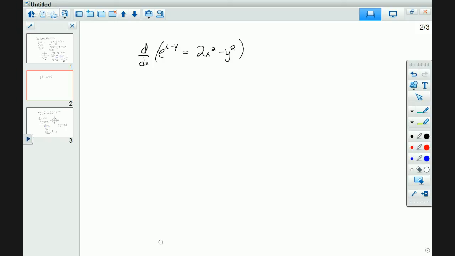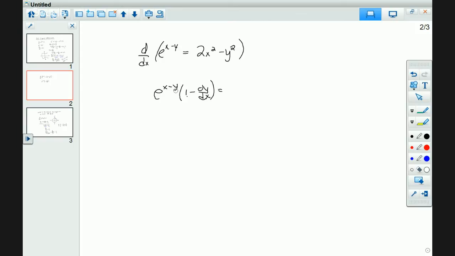What's that rule called? So what's the derivative of e to the power? Copy the inside, right? And what's the derivative of x minus y? Derivative of x is 1.